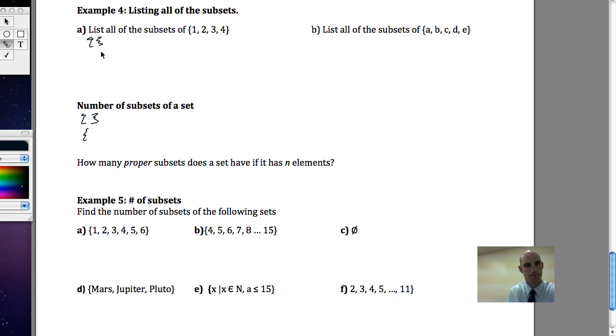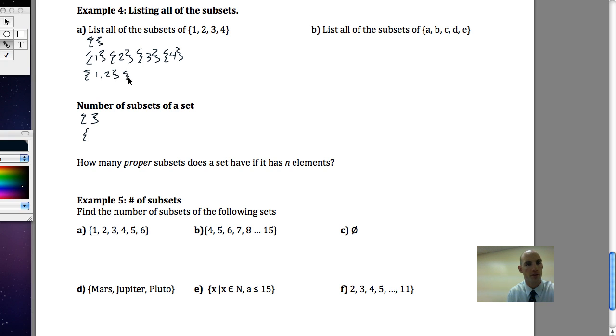start up here. The sets with one element would be the set with 1 in it, the set with 2 in it, the set with 3 in it, and the set with 4 in it. Those are the subsets with only one element. What about sets with 2 elements?